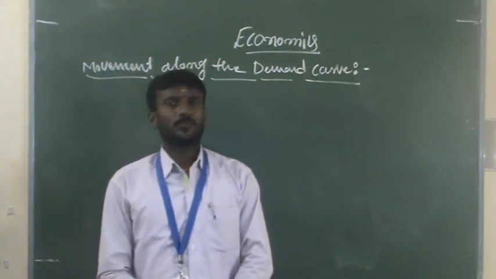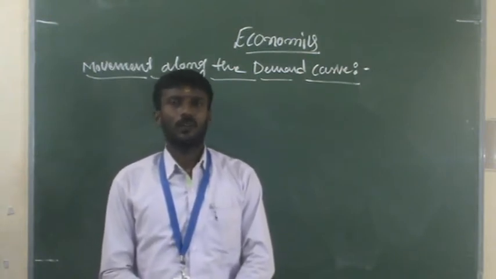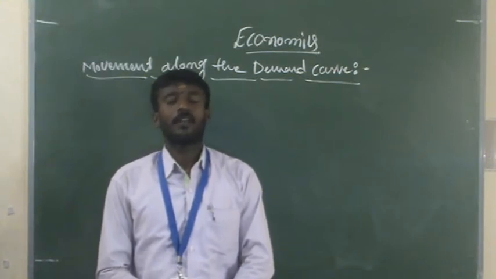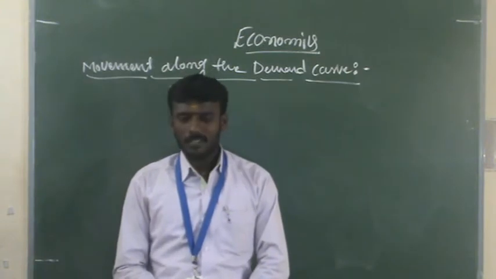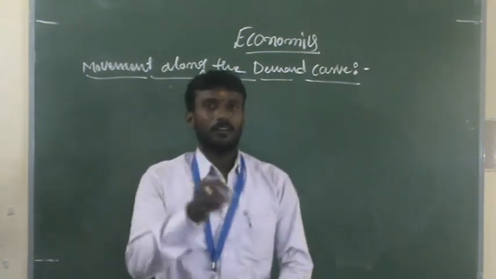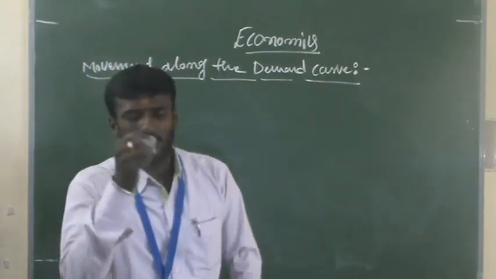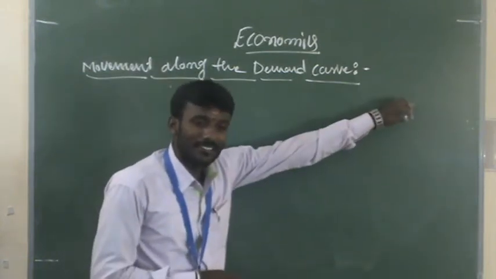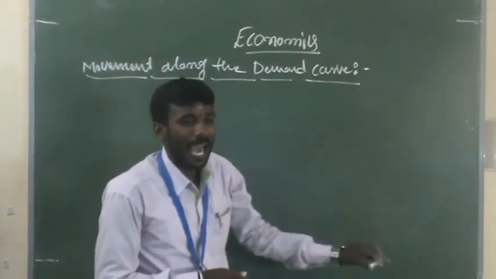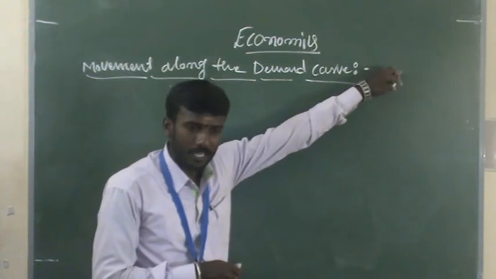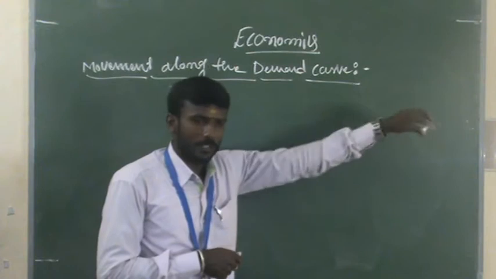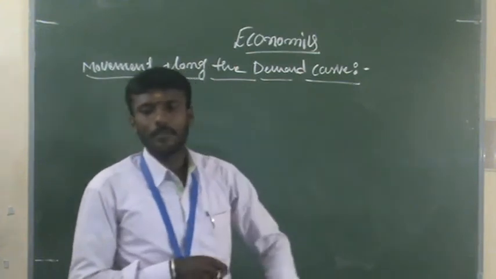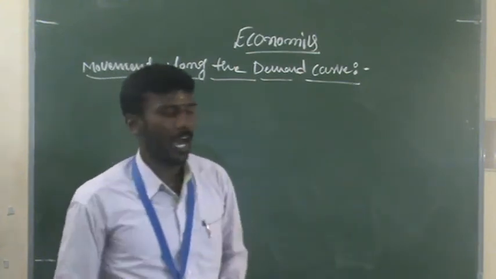See students, these 4 things we are going to consider as the determinants of the demand. Now here we construct a demand curve with the assumption that, except the price, the price of other goods, consumer income, consumer taste and preferences are remaining constant.